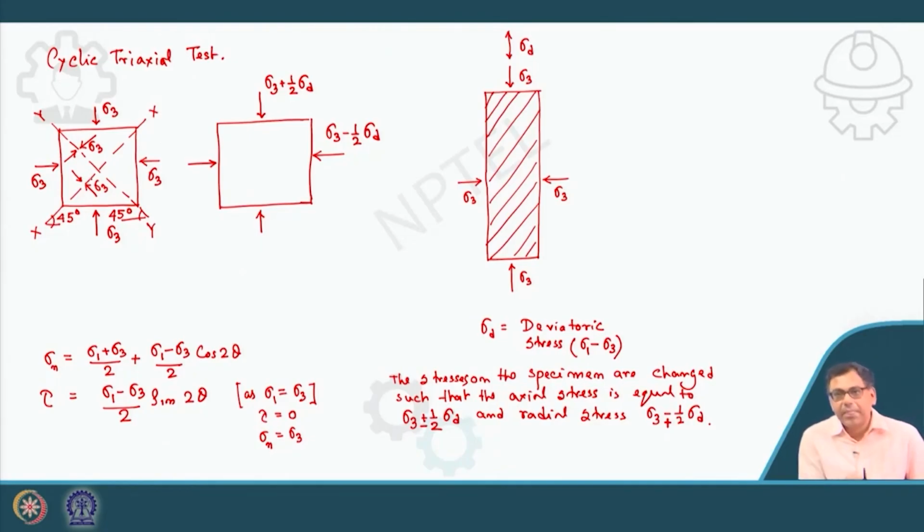Now we are applying the load and the stresses on the element change such that the axial stress, or sigma 1, will be sigma 3 plus half sigma d and the radial stress will be sigma 3 minus half sigma d. In the second case, the sign will change.